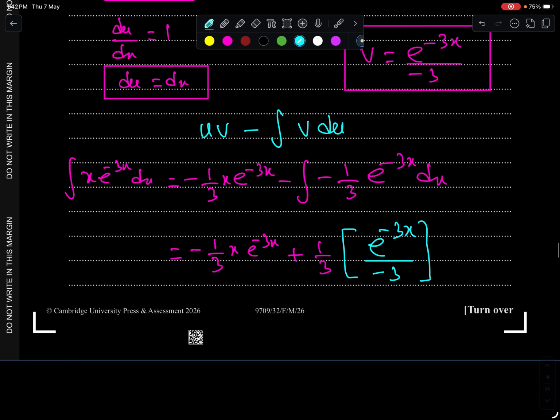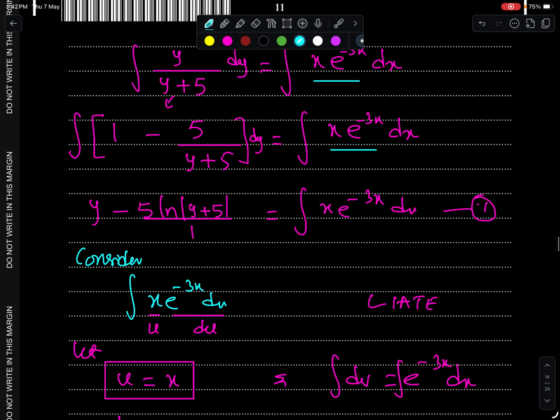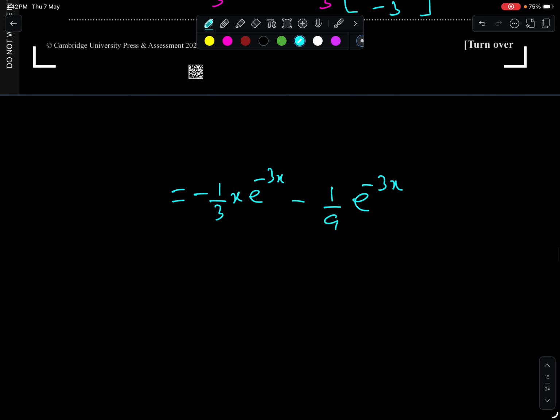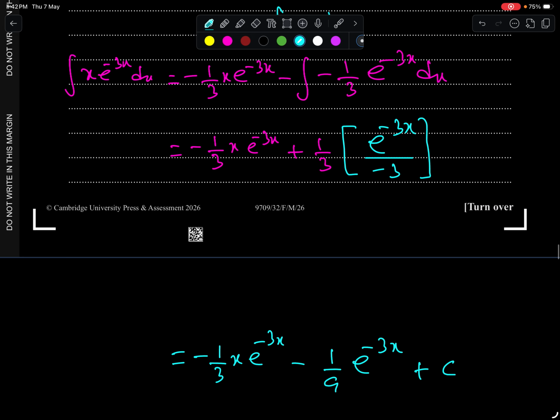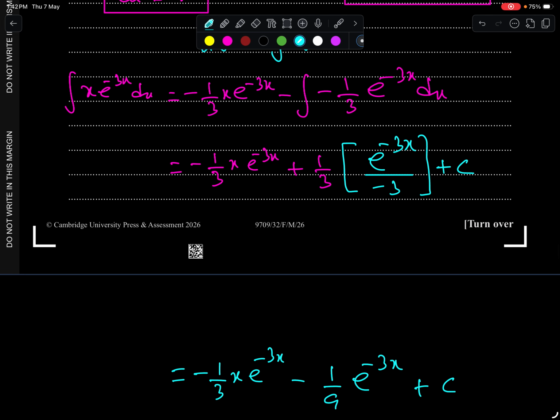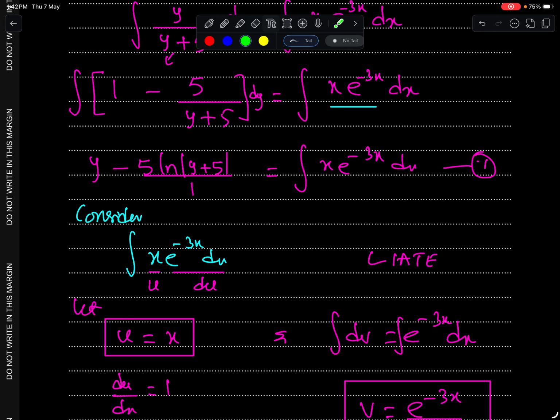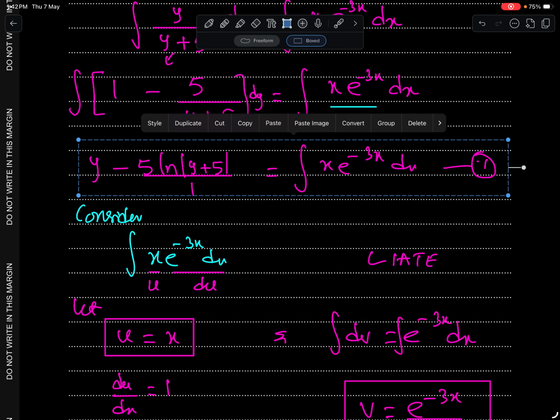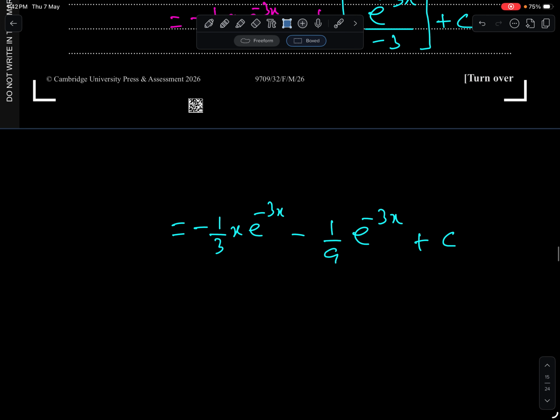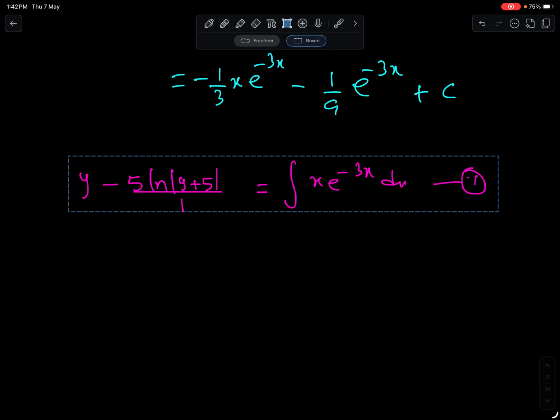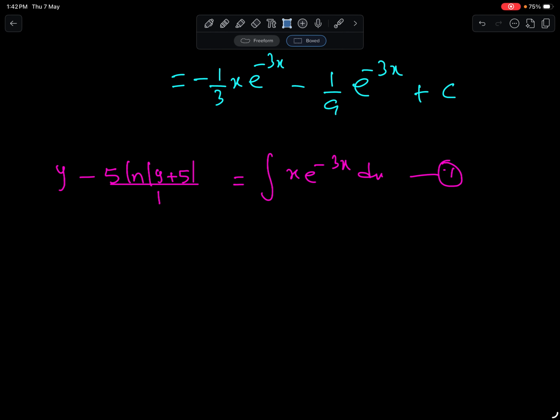Now substitute this result into equation 1. This is equation 1. Write c as well. We write c on the right side here. This is equation 1. Just copy this and substitute this result over here.